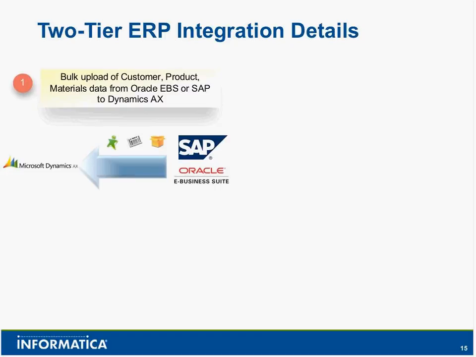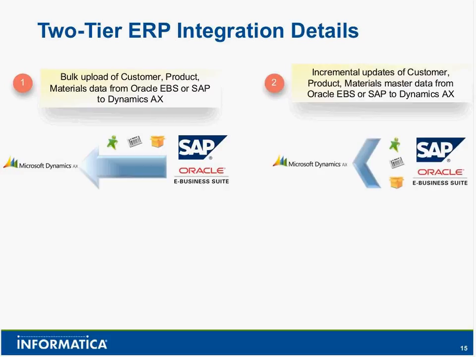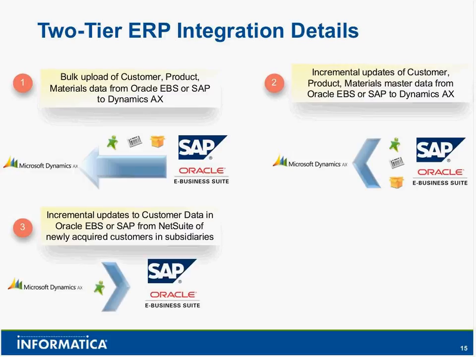So Ashwin put together this slide which kind of goes through a few different examples. So as he kind of outlined, the first you would do a bulk upload of customer product materials data from Oracle EBS or SAP to Dynamics AX. And this is a one-way push. And the next is more of an incremental update of your customer product materials and map data from Oracle or SAP to Dynamics AX.